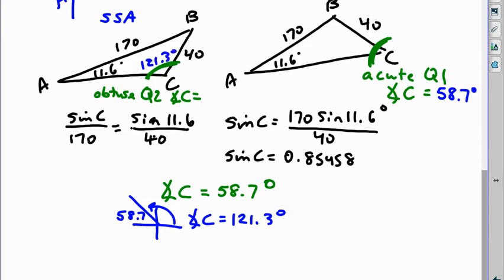So let's put that over here. And now I can find my angle B for each of these triangles. Angle B in the triangle on the left, using the principle of the angles adding to 180 degrees, is 47.1. The angle on the other triangle is 109.7 degrees.